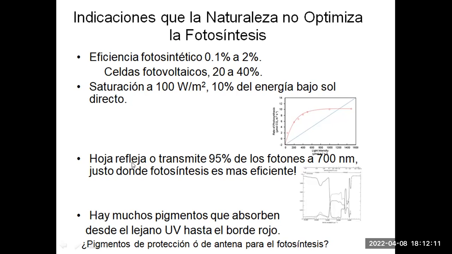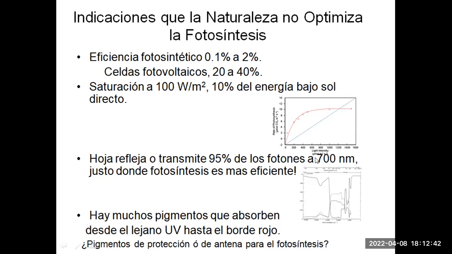And we also know that plant leaves reflect or transmit about 95% of the photons beyond about 700 nanometers. And it turns out that 700 nanometers is in fact where photosynthesis is most efficient. So around this wavelength, leaves of plants and cyanobacteria stop absorbing, but it is in fact where photosynthesis is most efficient.